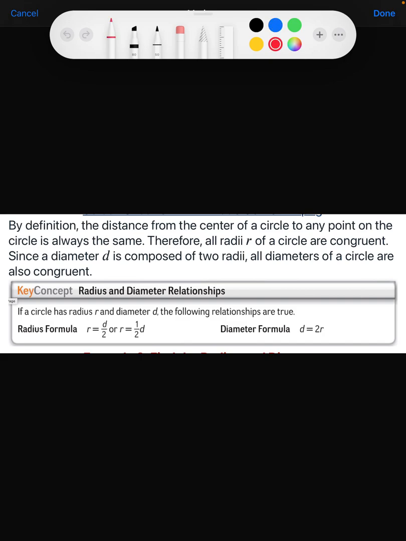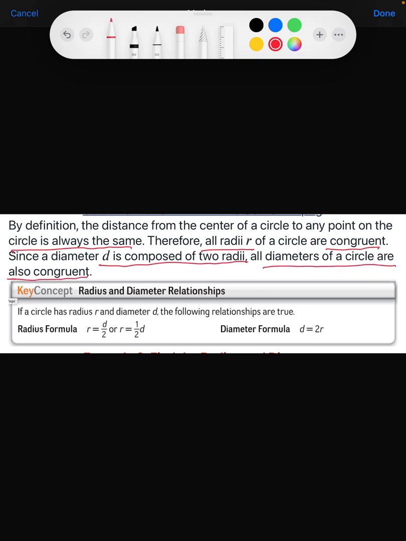So by definition, the distance from the center of a circle to any point on the circle is always the same. Therefore, all radii of a circle are congruent, or equal to each other. Since the diameter is composed of 2 radii, all diameters are also congruent or equal to each other.